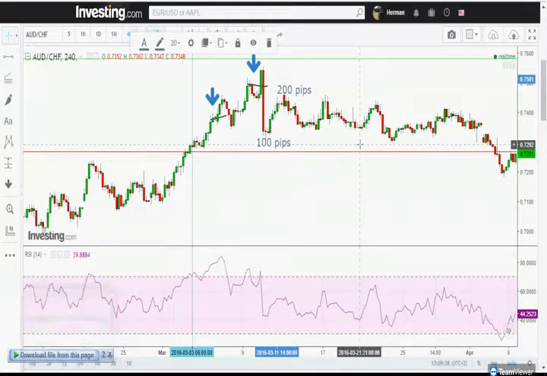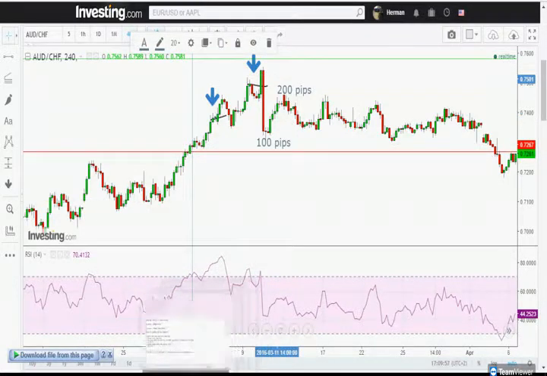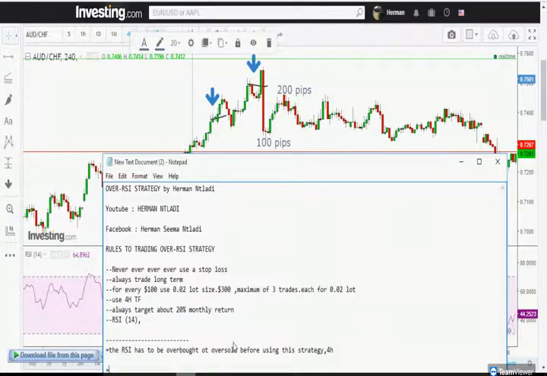Let me do calculations on the side. 0.02 times 100 pips, that's $20. So you would have made $20 on the first trade.